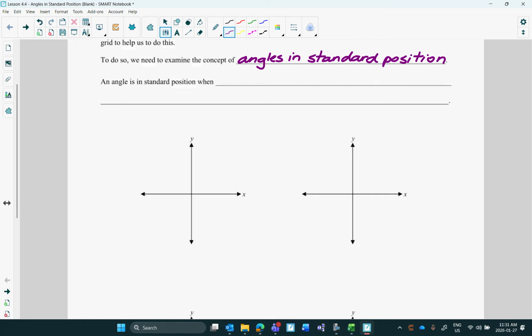The initial arm, where we start to measure from, is always going to be the positive x-axis. Always. Because remember, an angle is made up of two arms. The terminal arm, or the second arm, where we finish the angle measurement, could be in this quadrant, it could be in this quadrant, it could be here, it could be here.